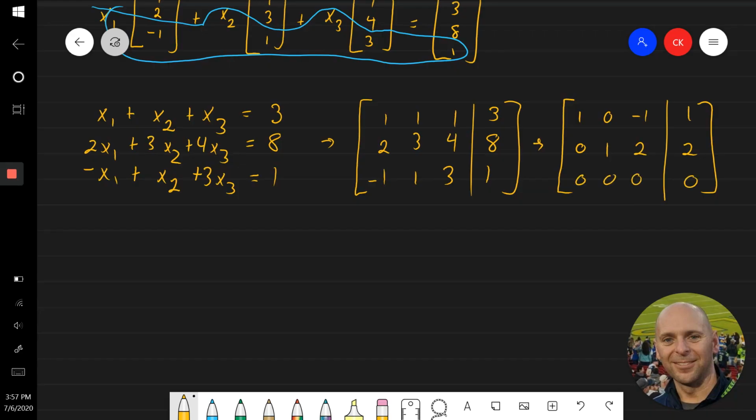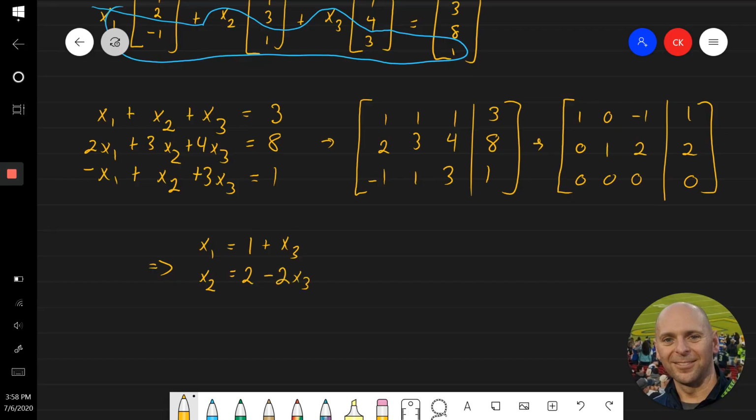Now we would express this in its normal form with the variables back in. Let's solve these out for x1, x2, and x3, which I've done already. x1 is equal to 1 plus x3. The second row tells us that x2 is equal to 2 minus 2x3.